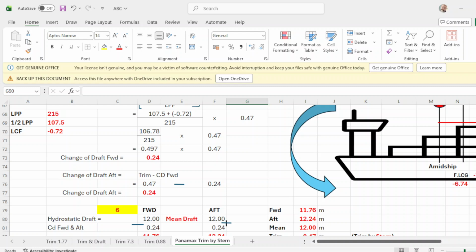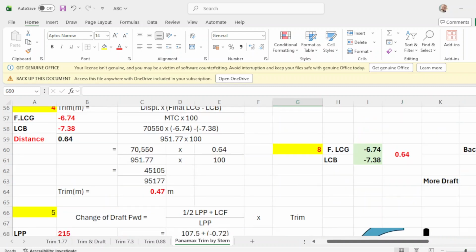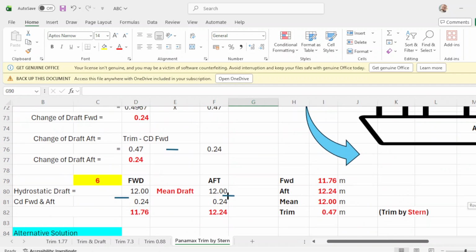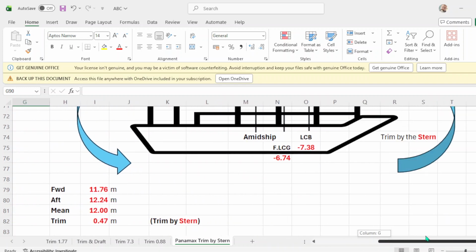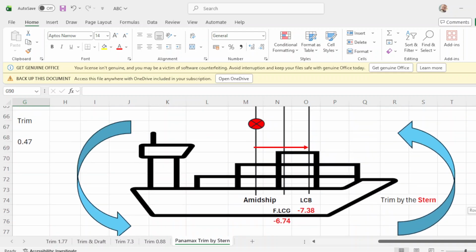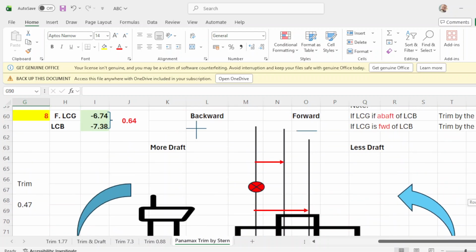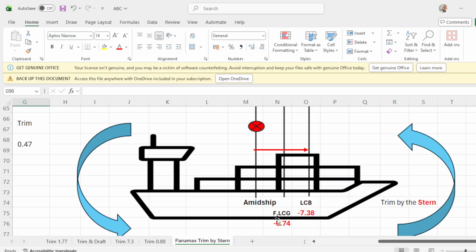Now let's make this a little bigger. Since your final LCG is negative, measured from amide chip going forward, this vertical line measured downward is your final LCG, which is negative 6.74.